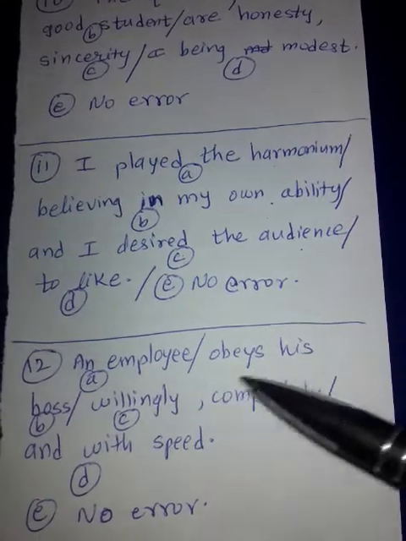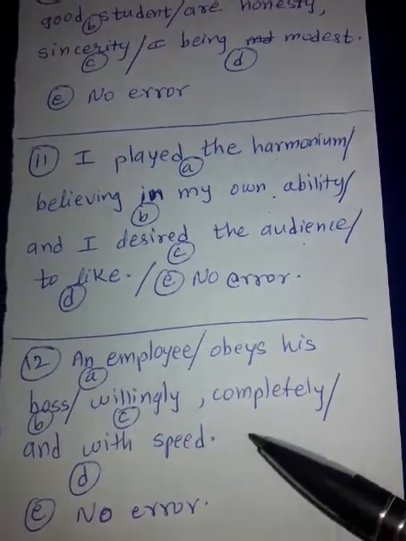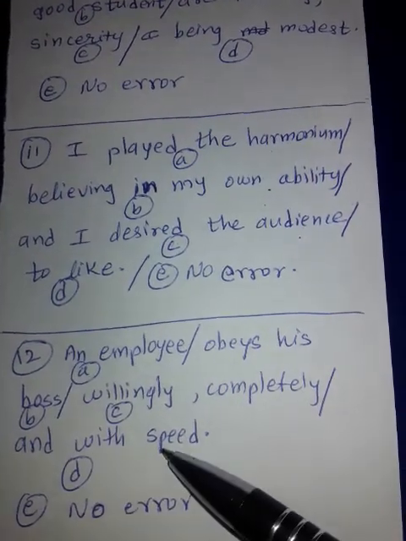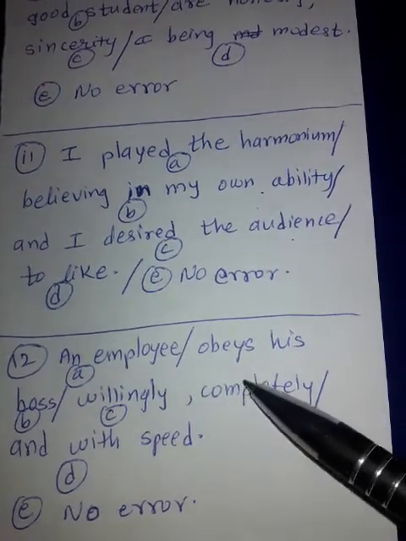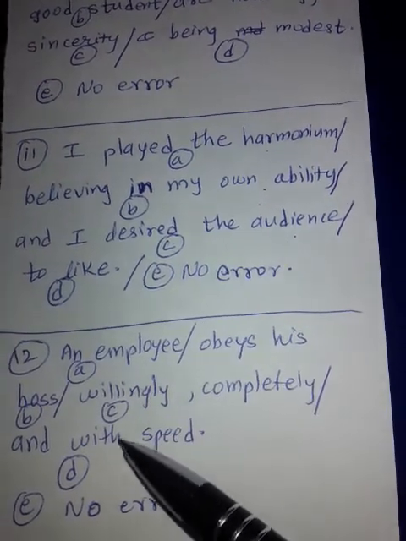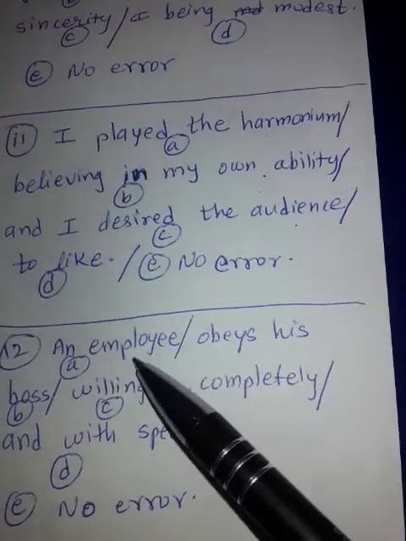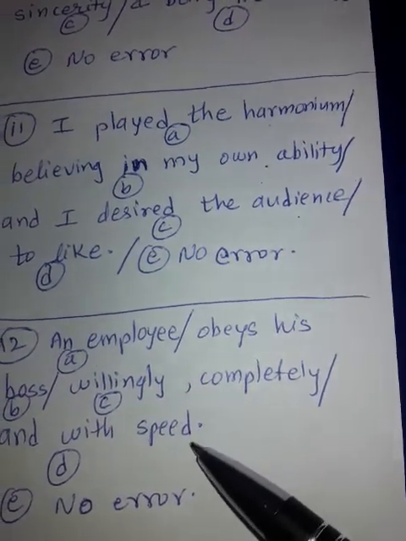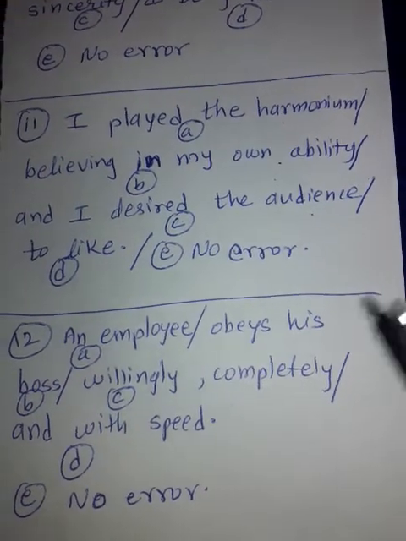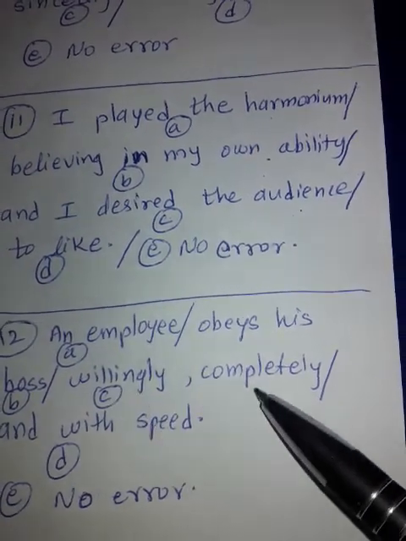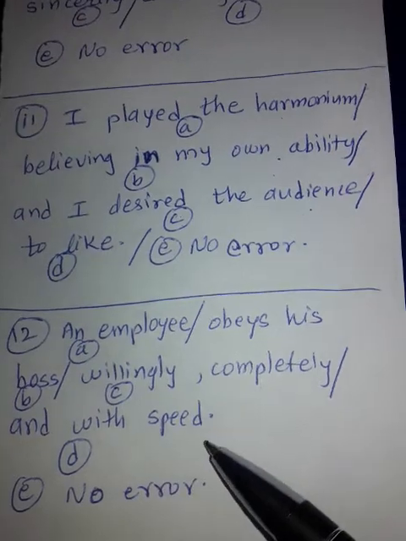An employee obeys his boss willingly, completely, and speedily. These two are adverbs. So this also should be an adverb. Parallelism. Whatever is in the previous part, the same should be followed in the last part of the sentence also. Willingly, completely, and speedily.